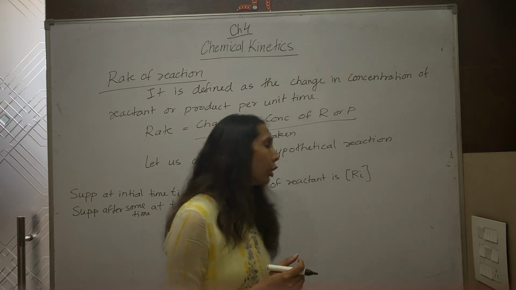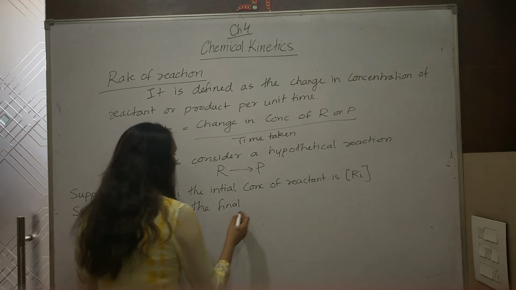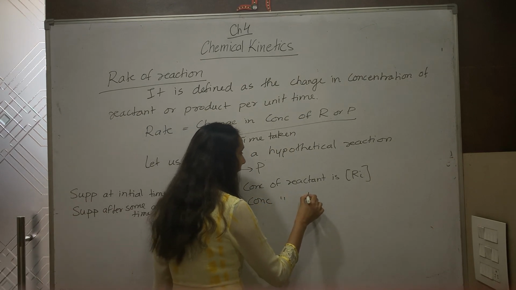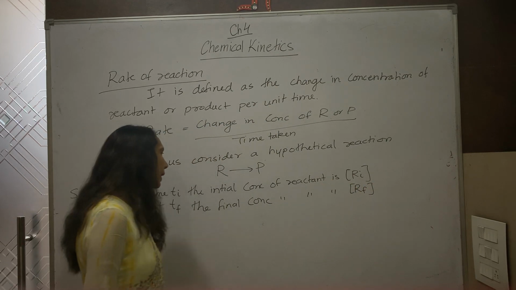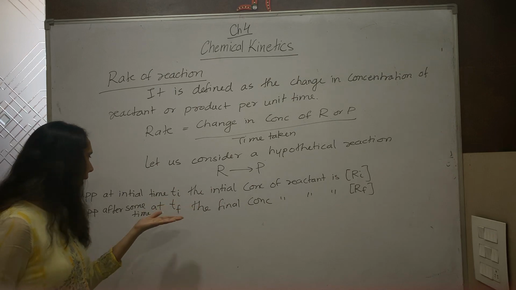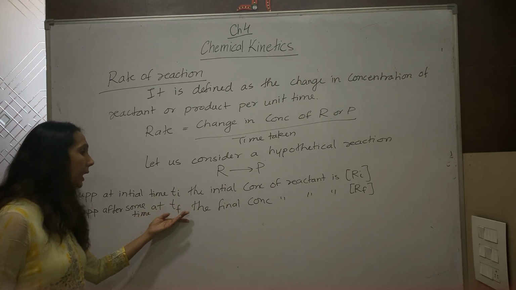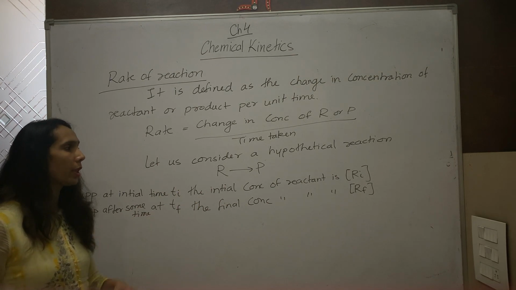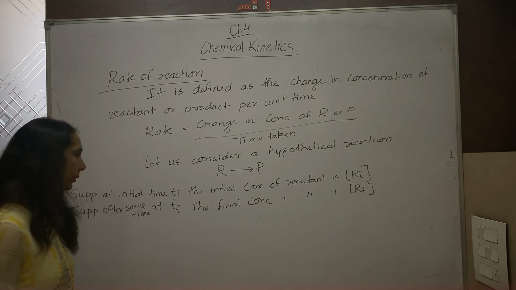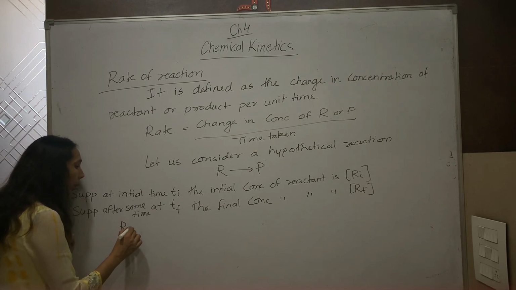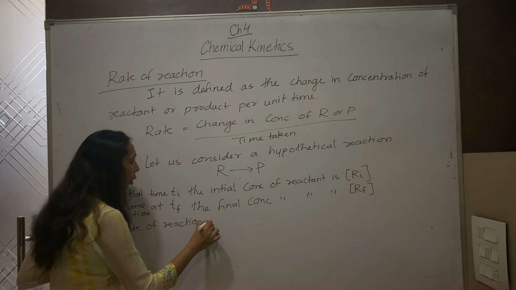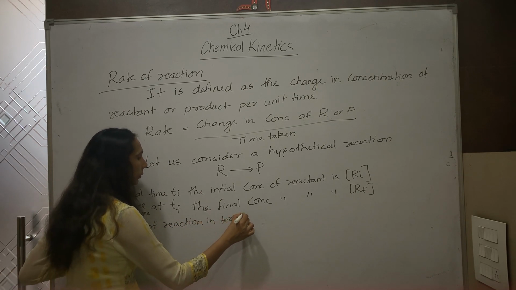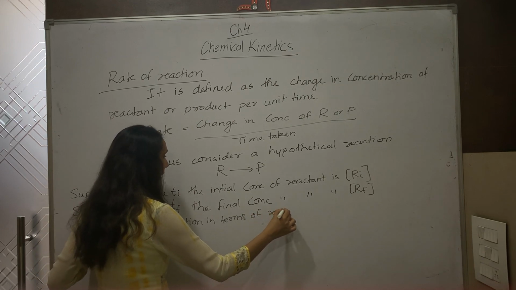And the final concentration of reactant is Rf. So at time Ti, the concentration is Ri, and after some time at time Tf, the final concentration of the reactant is Rf. So I can write the rate of reaction in terms of reactant.